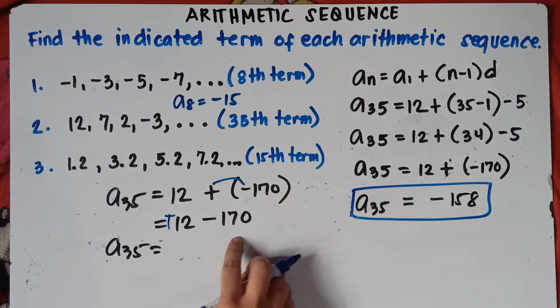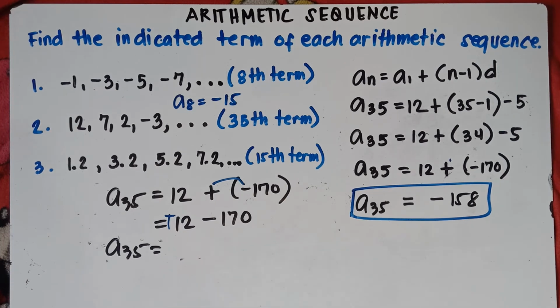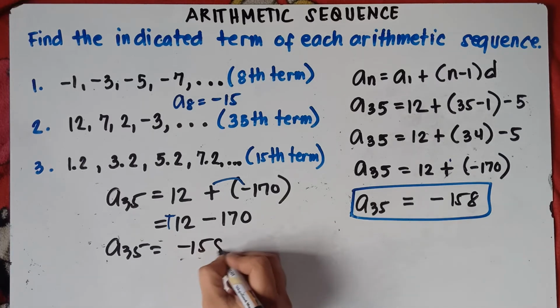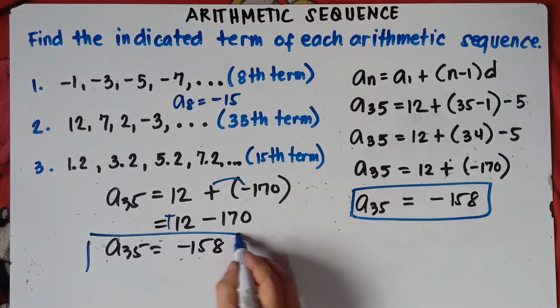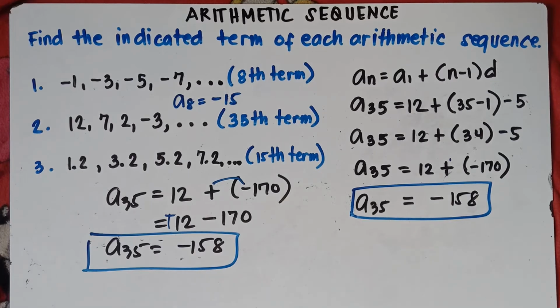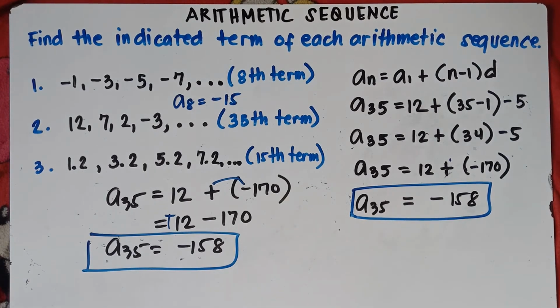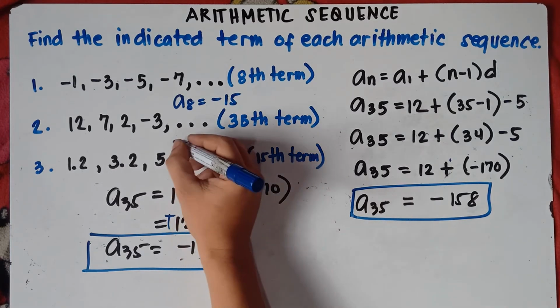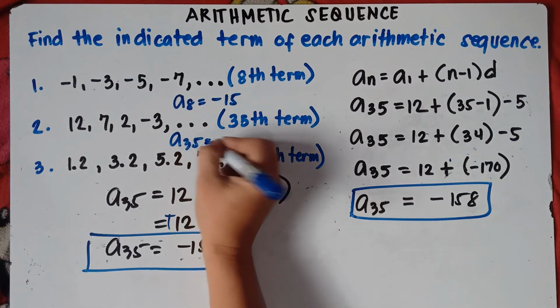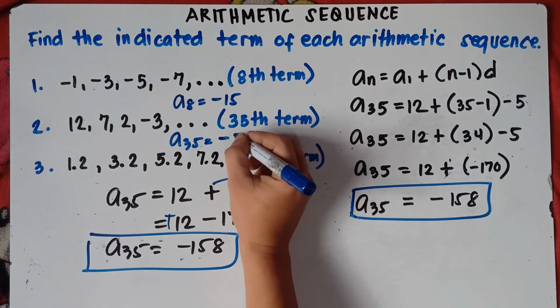If the signs are not the same, subtract, then copy the sign of the larger number, and you will get negative 158. You will get the same answer, class. Alright, so it depends on you which you prefer, but I think it's better if you do it this way. Alright, so our A sub 35, that would be negative 158.